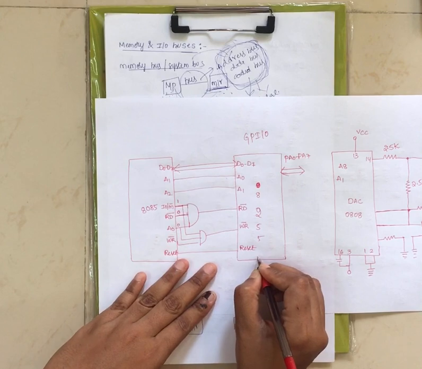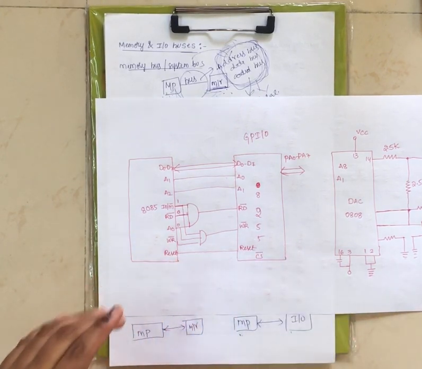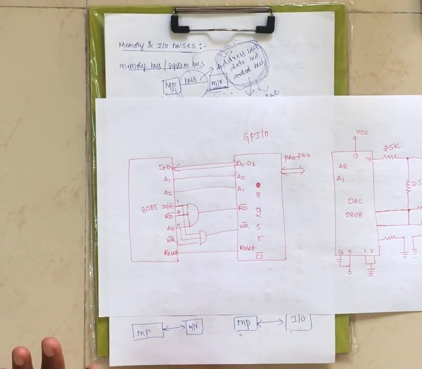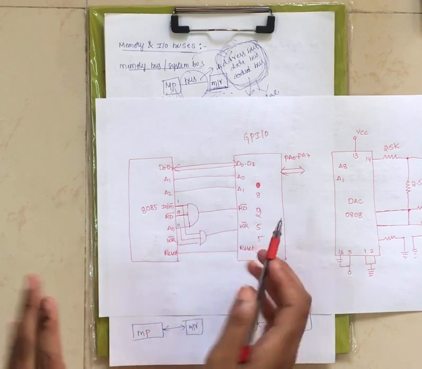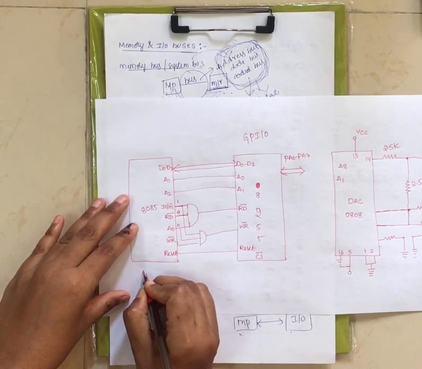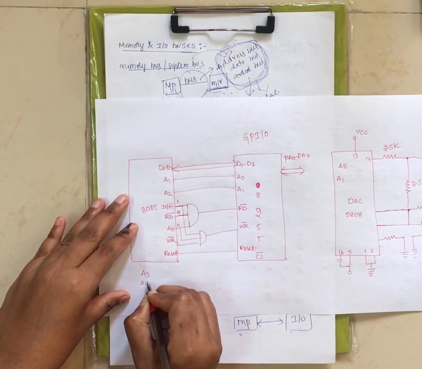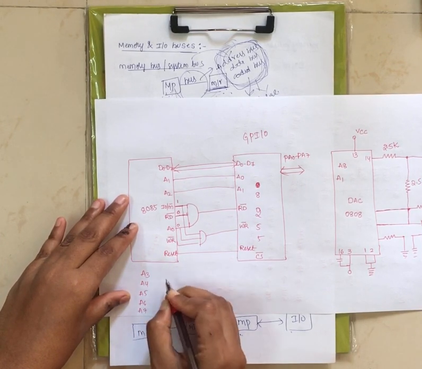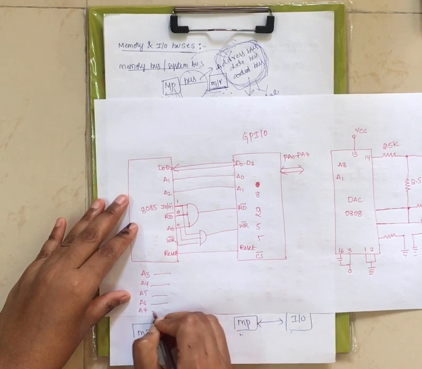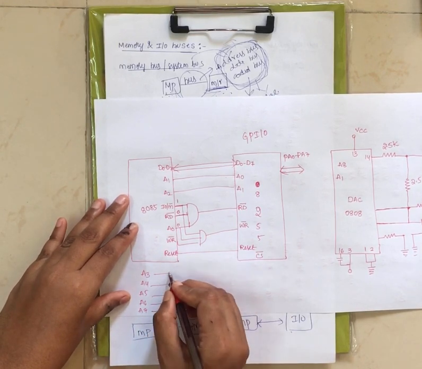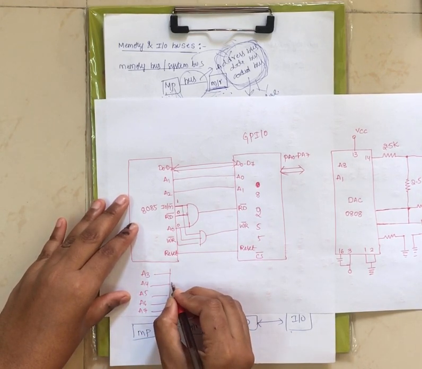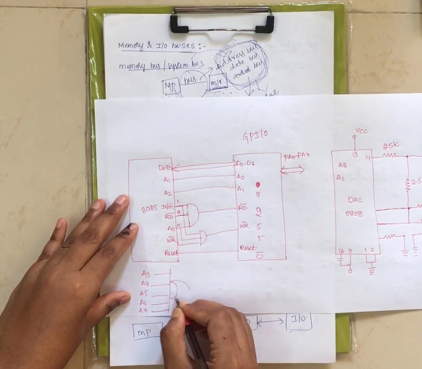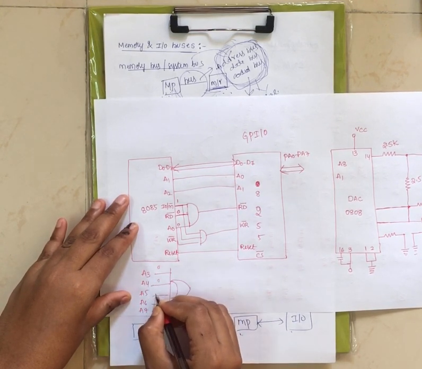Now the reset of 8085 is connected to the reset of 8255. Now we have the chip selection pin. Since it is IO mapped IO, you have only 8 address lines. 3 are already connected. The remaining are A3, A4, A5, A6, A7. Now for these signals I am using OR logic. Let us assume all are 0.